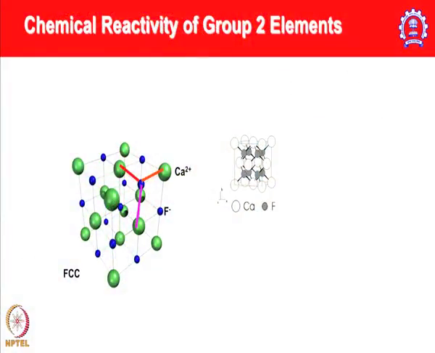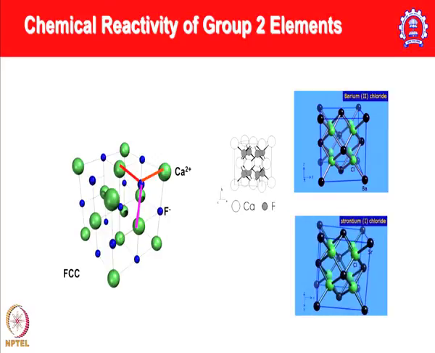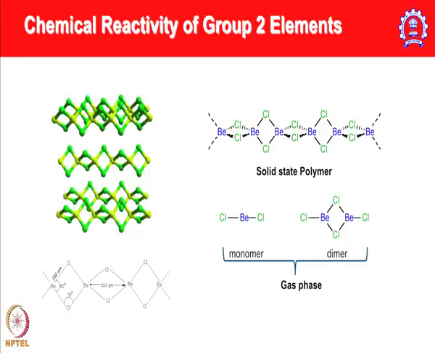Let us look into further chemical reactivity. As I said, calcium chloride has an FCC structure. One can see from this one, and this is very similar to the sodium chloride structure. In case of beryllium chloride, it has a polymeric structure. Why does it have a polymeric structure?